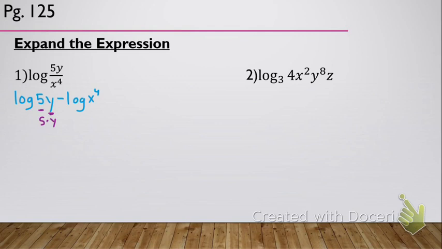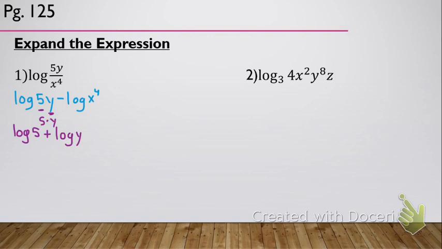So I have a 5 times y, my first logarithm. Use the product property. We're going to change that to addition, okay? That looks like this. Log of 5 plus log of y. Am I writing big enough for people in the back? Is that okay? Okay, just checking. Notice I was writing a little small.